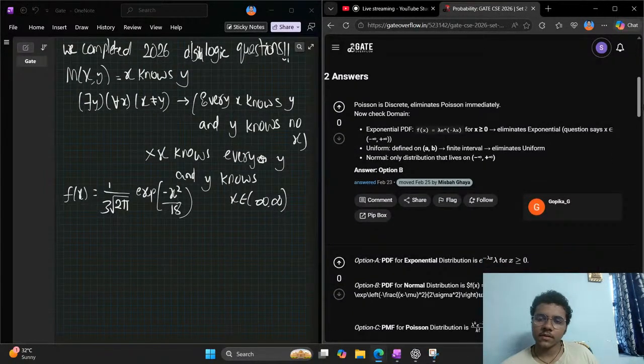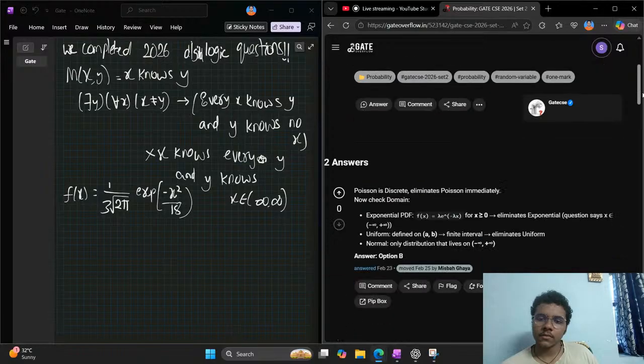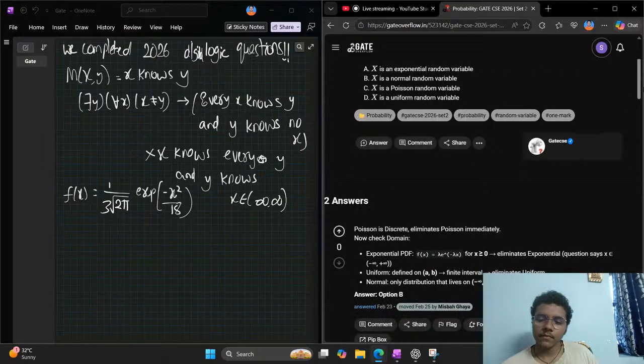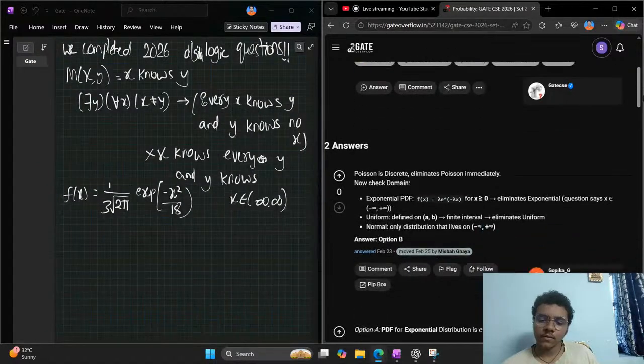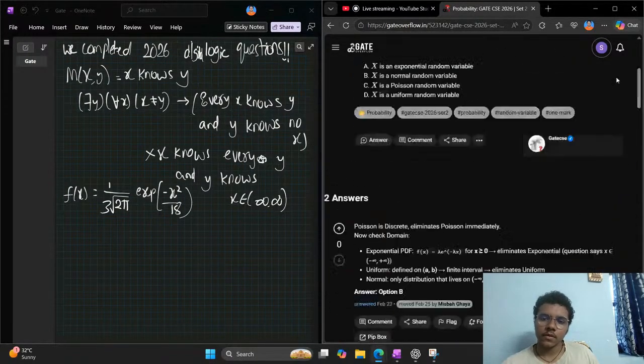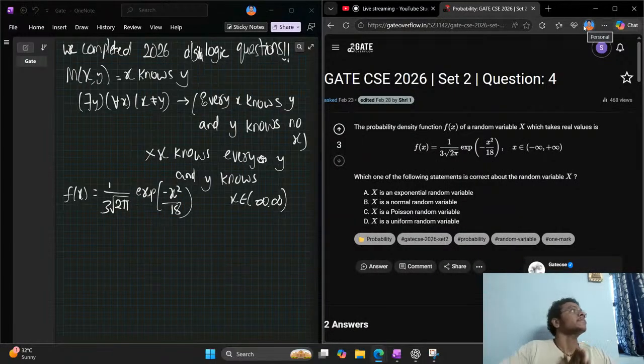Poisson is discrete. Eliminates Poisson immediately. You need to have a basic idea of what the different probability distributions are.